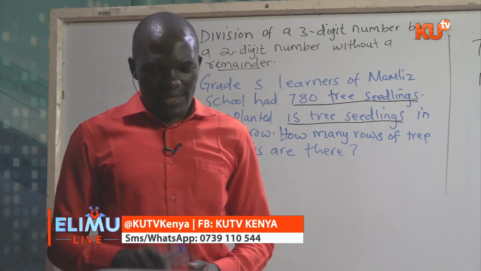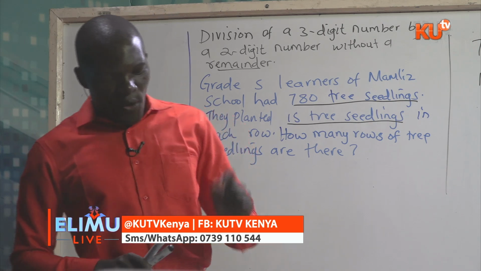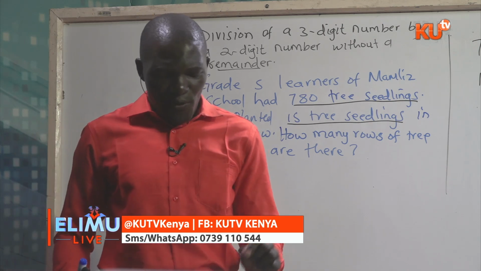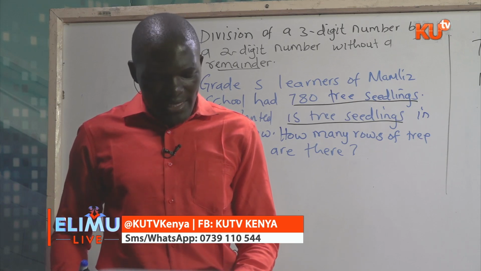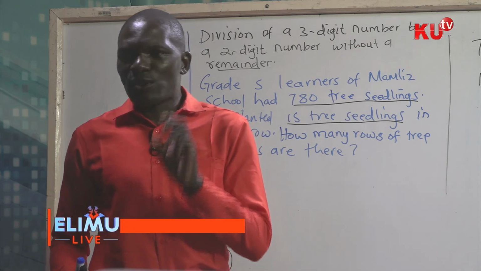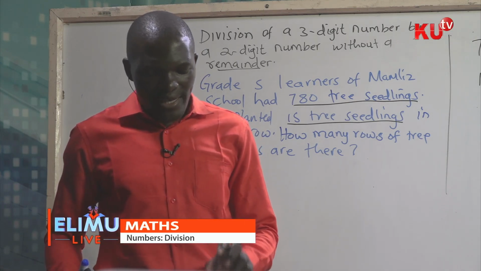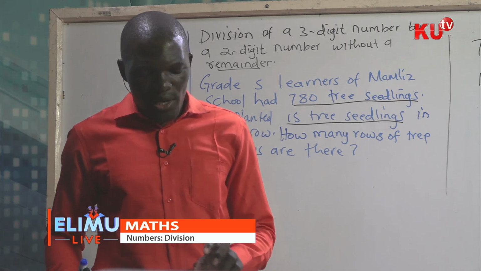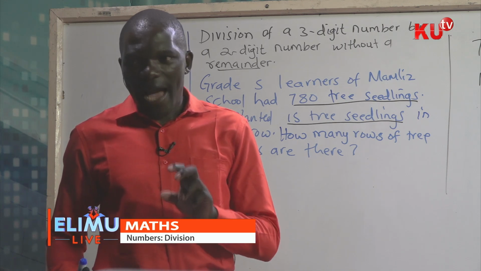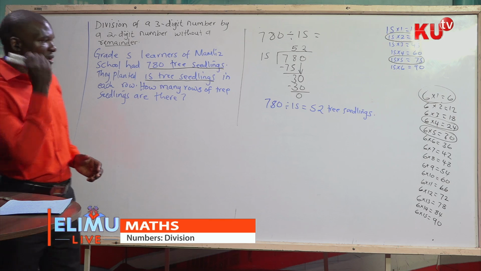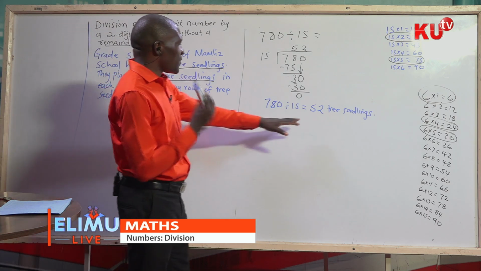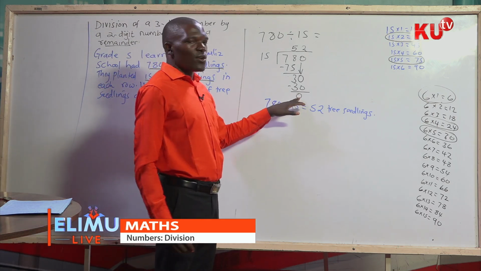And then let us now look at step 4. Under step 4, we are going to divide a 3-digit number by a 2-digit number with a remainder. Because we have already dealt with the one that has no remainder, we have 0.